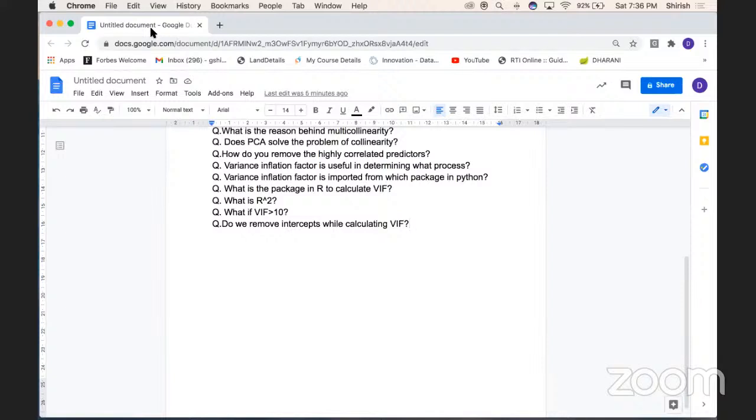Wherever you have a value greater than or equal to 10, it implies that a serious multicollinearity problem is there. And as I told you, variance inflation factor is nothing but 1 by tolerance, so tolerance is also an indicator of multicollinearity problem.